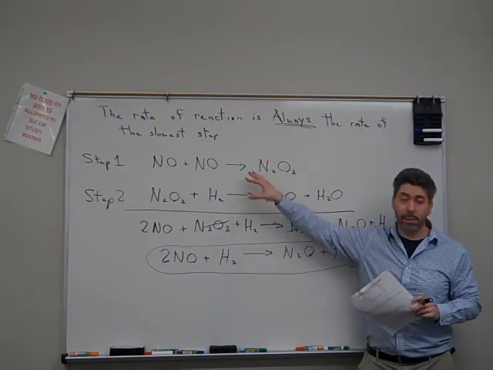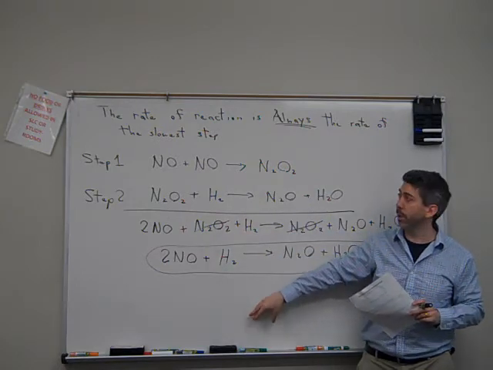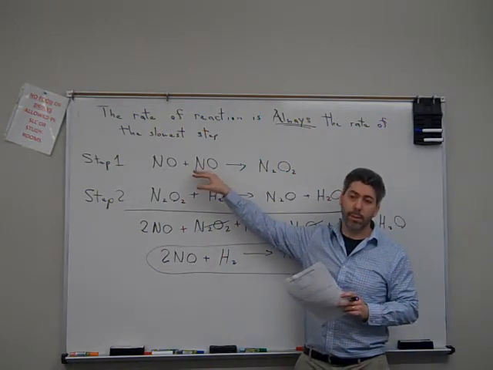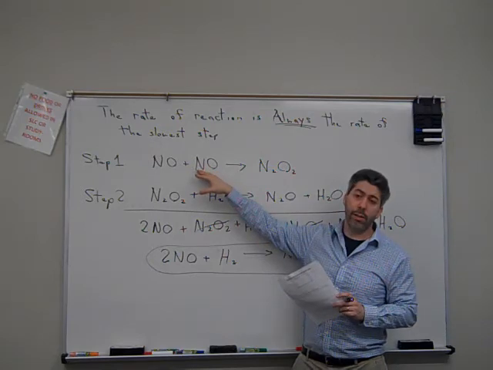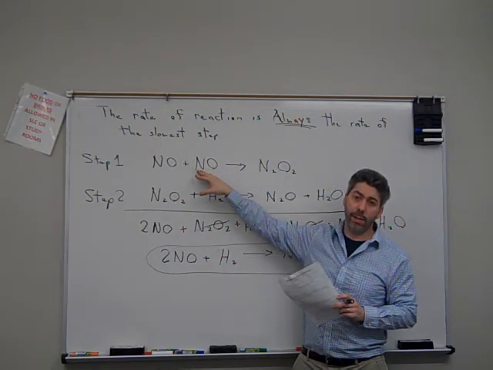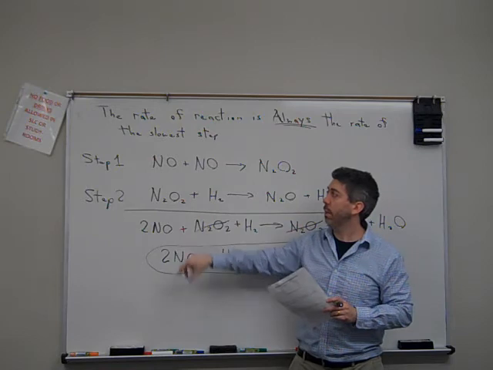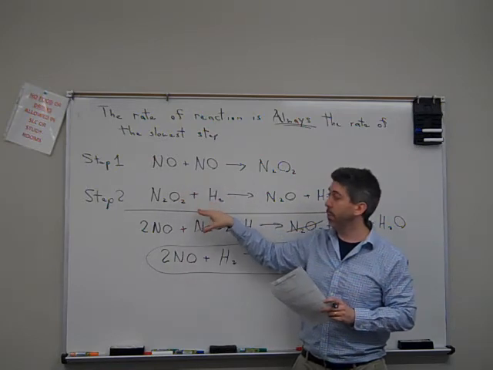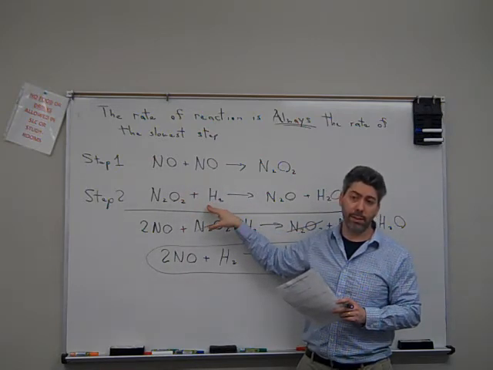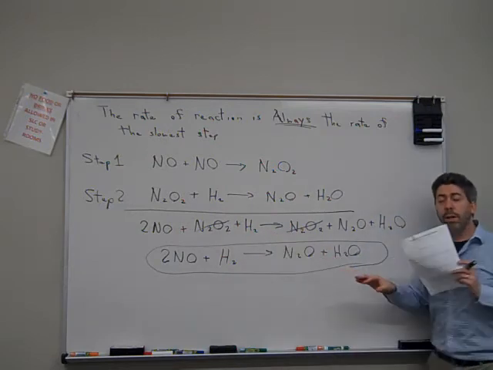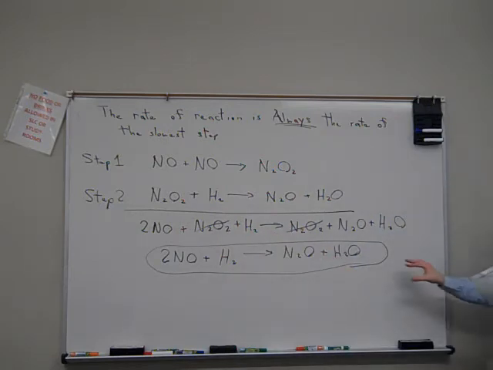In this case, it's not, because we know there are two or more steps to it. Also, sometimes the rate laws that we get completely omit one of the reactants. So you can't determine the rate law from an overall reaction.